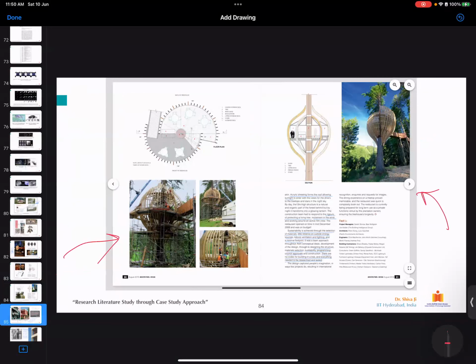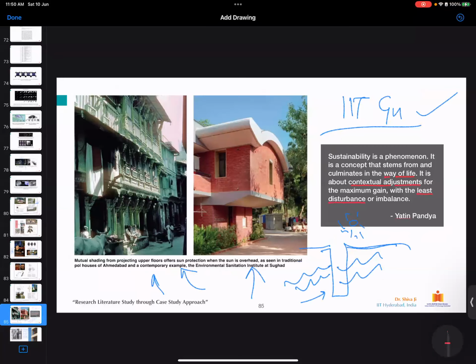Yes, more details. Another, you see, for case studies we always look at hot and arid regions, humid regions, coastal regions, mountainous regions. So this is from Jaisalmer.